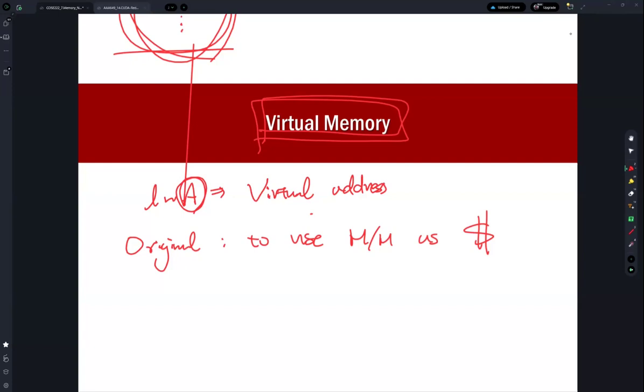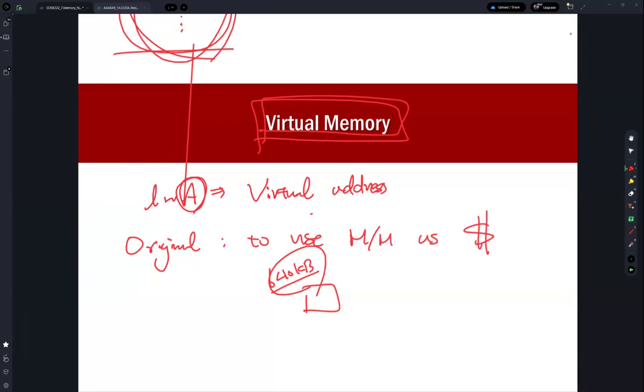In an old computer system, DRAM was very expensive, and the DRAM size was very, very small. For Intel 8086 or 8088 computers, the size of main memory was around 640 kilobytes, smaller than 1 megabyte, right? Very, very small. The memory was small, but also very expensive.